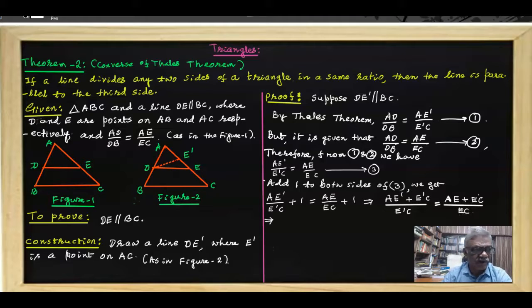Now this implies that AC by E dash C equals AC by EC.